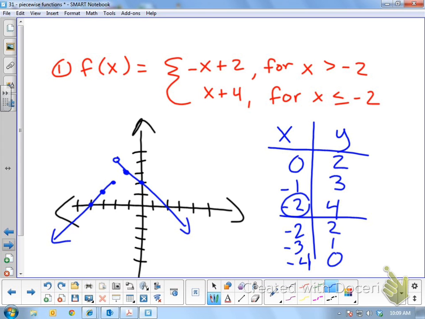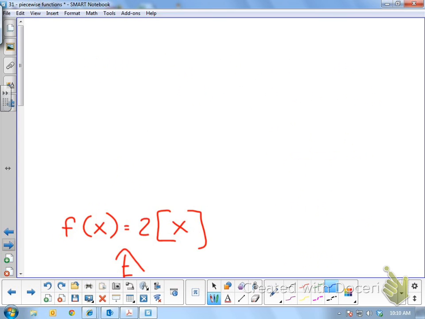Now there's a special piecewise function that's often used in word problems. And that is called the step function. This is on page... The problem with the book is we have to jump around a lot, but we're going all the way to page 277. 277 for the step function.